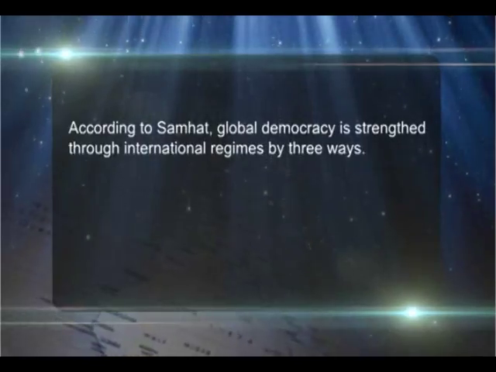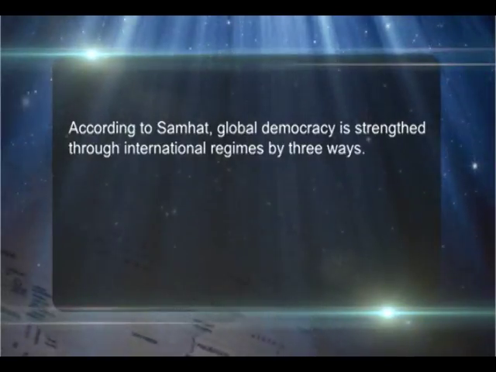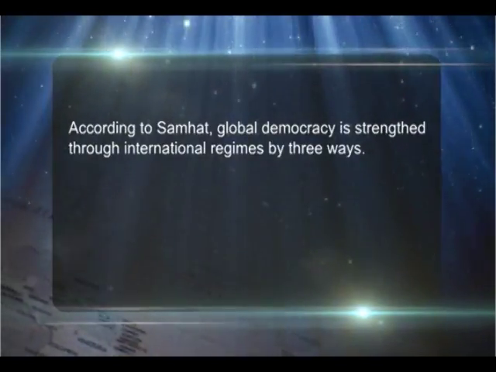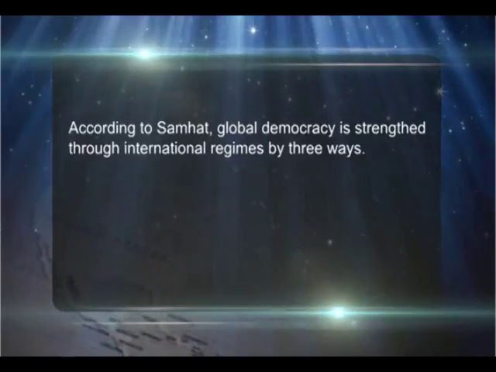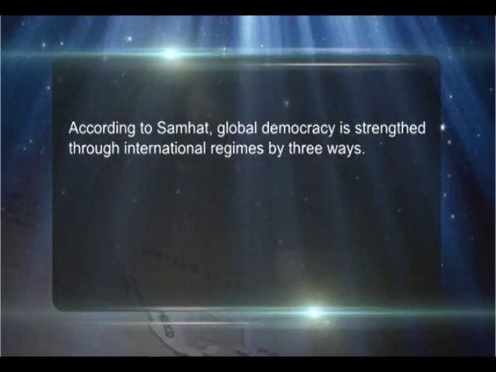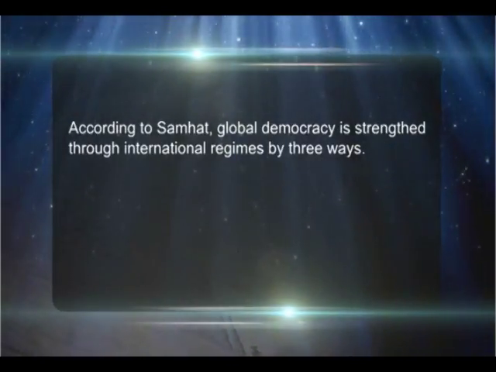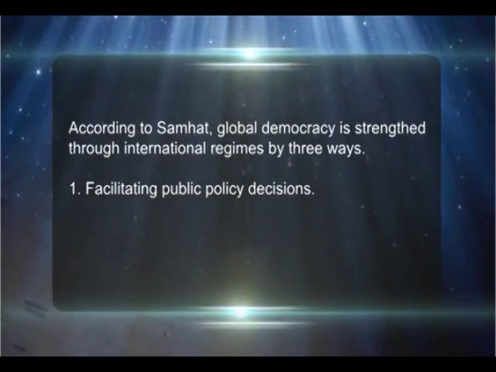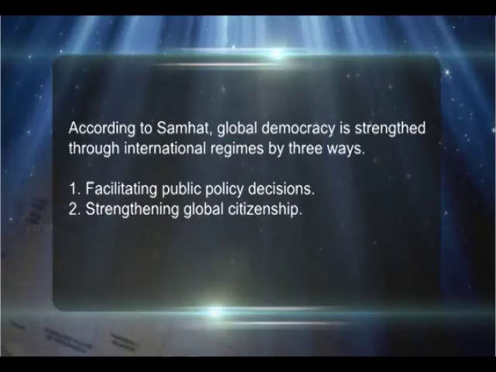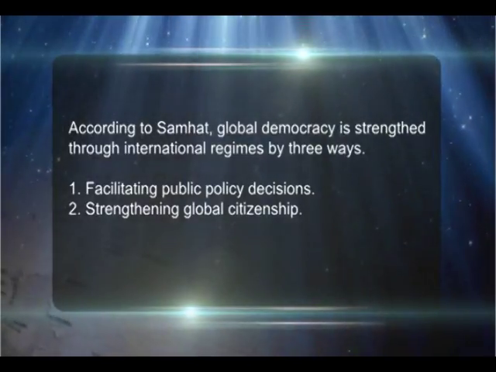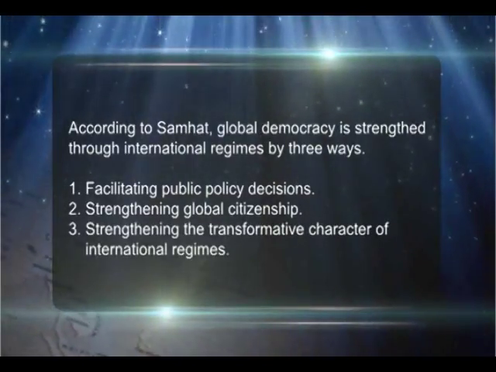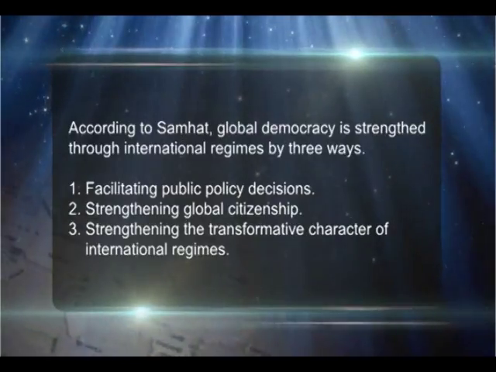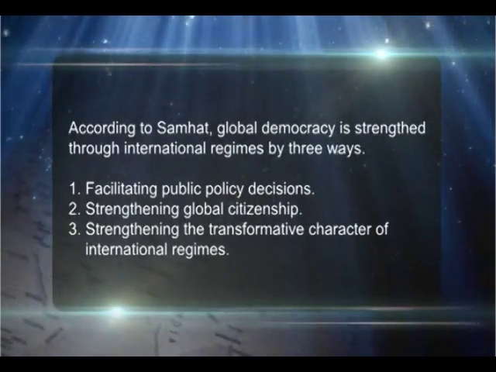So according to him, global democracy is strengthened through international regimes in three ways. These three ways are, of course, facilitating public policy decisions, strengthening global citizenship, and strengthening the transformative character of international regimes.